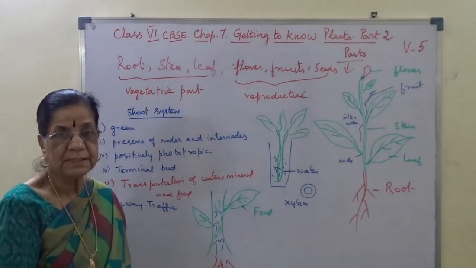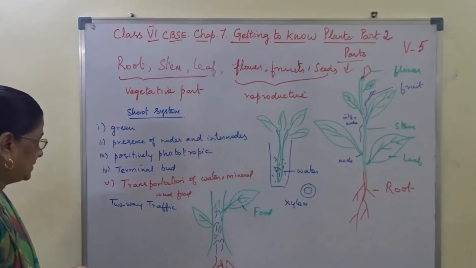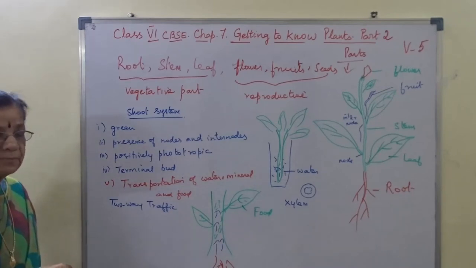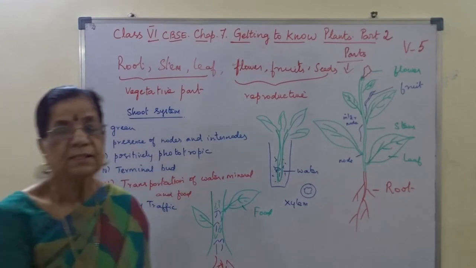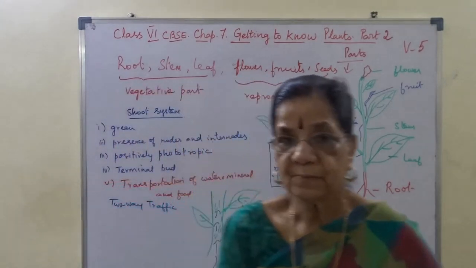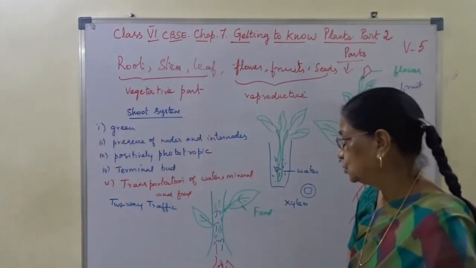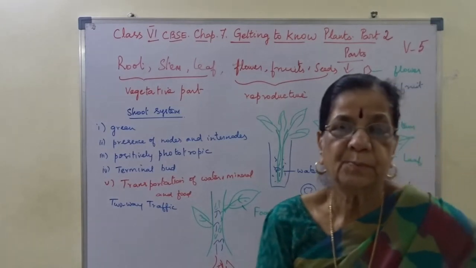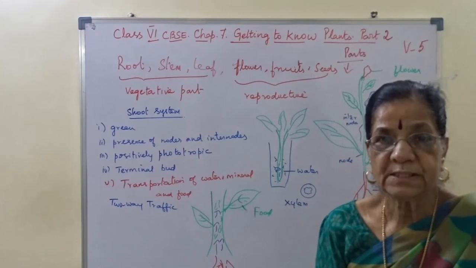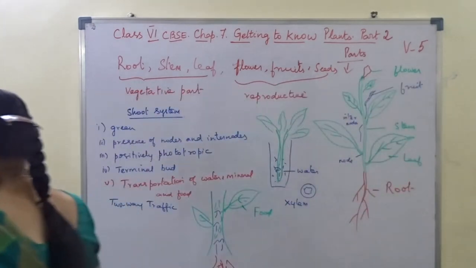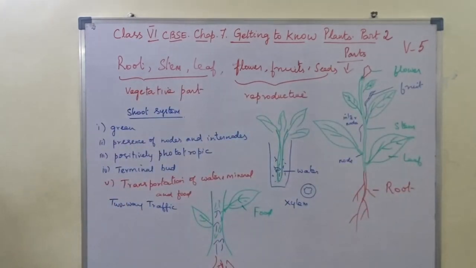So stem exhibits two-way traffic. What is the function of the stem? It is transportation of water and minerals from the root system and the food prepared by the green leaves. I hope you understand. So this is for the stem portion.